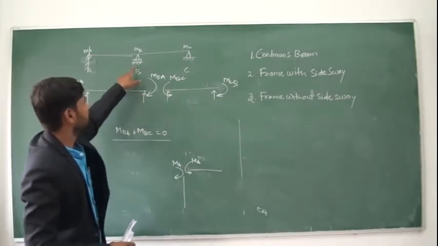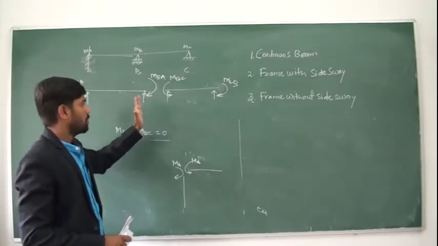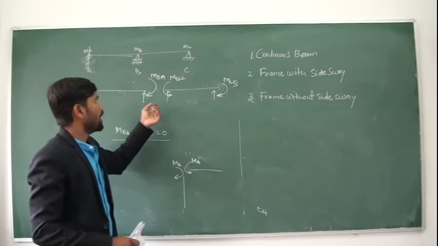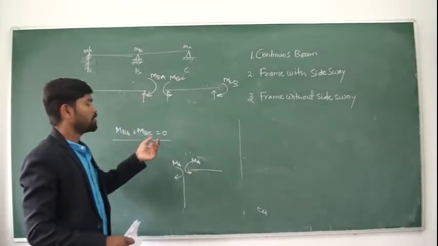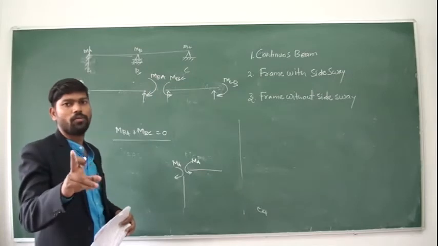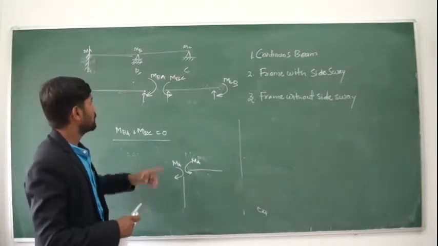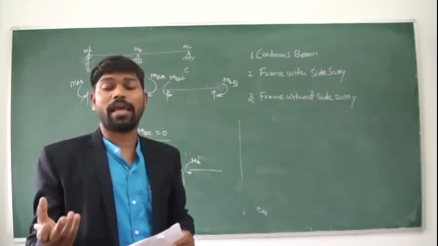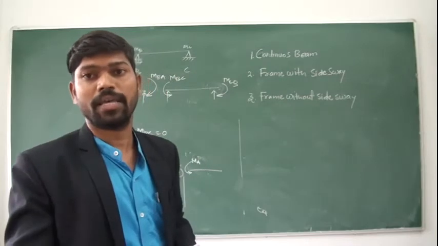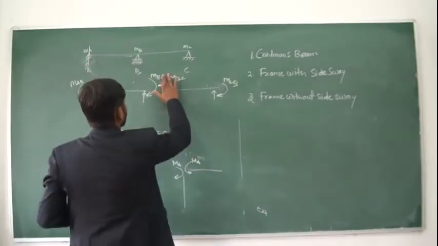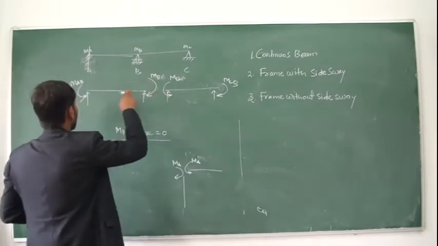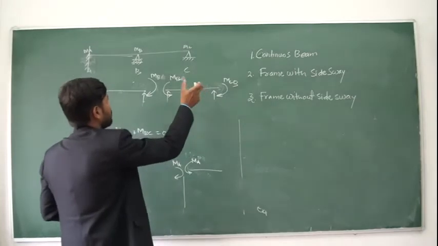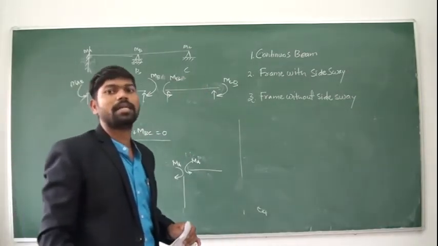Similarly, the same joint is there. B joint is the same. I have written here separately, but if you consider MBA and MBC and do the addition of both, it should be equal to 0, because this MBA and MBC is the same value, only one value, but with two different signs. Okay. While calculating the reactions in the three moment theorem also we did the same. We were taking only MB, but for the AB span we were taking it in the clockwise direction, while for the BC span we were taking it in the opposite direction, that is anti-clockwise.